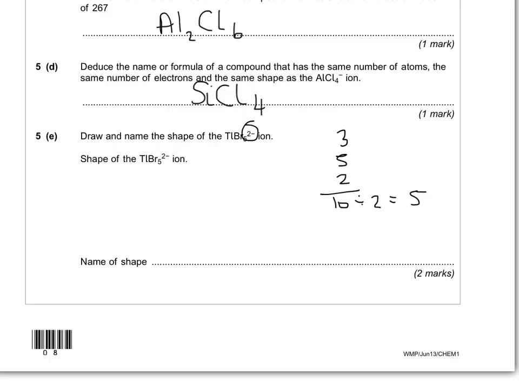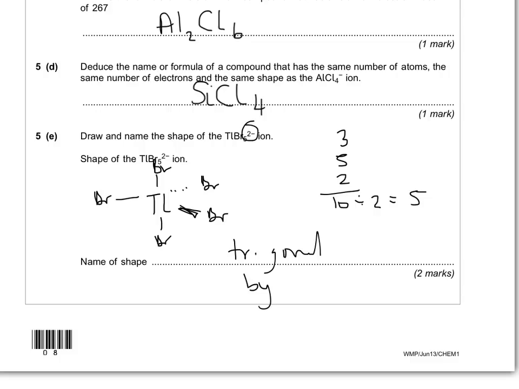So that means that this is going to be based on a trigonal bipyramidal shape. So you've got Tl, and then no lone pairs, just bonds like so, and that is called trigonal bipyramidal.